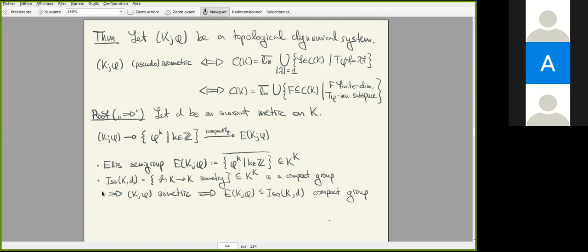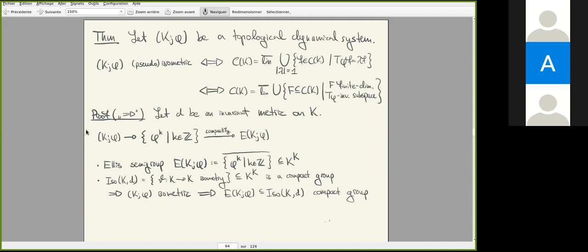Now, if your system is isometric, then all these powers are isometries. And so you stay within this thing, which is actually a compact topological group. And so the closure of the powers of your dynamics is contained in this compact group, and it's closed, so it is itself a compact group.